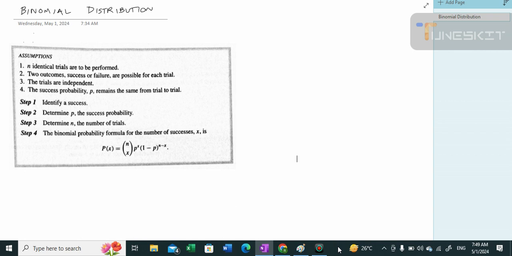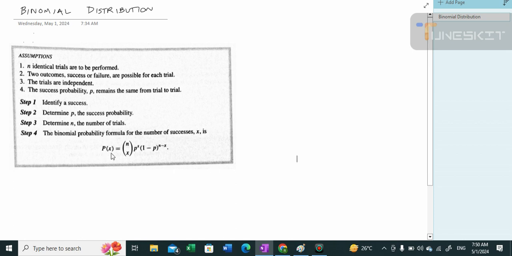If we perform this experiment for the 11th time, 12th time, 13th time, or so on, the probability remains constant in all trials. So this is how we can understand the implications of the assumptions whenever we are applying these rules to identify an application as a case of binomial distribution.